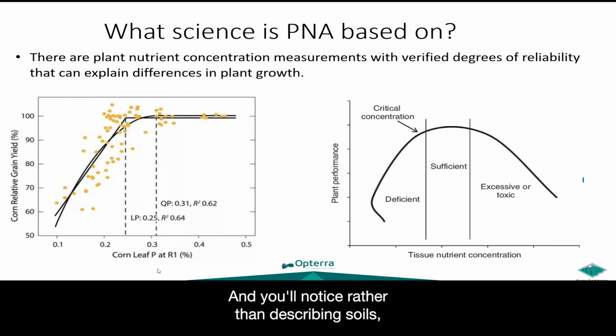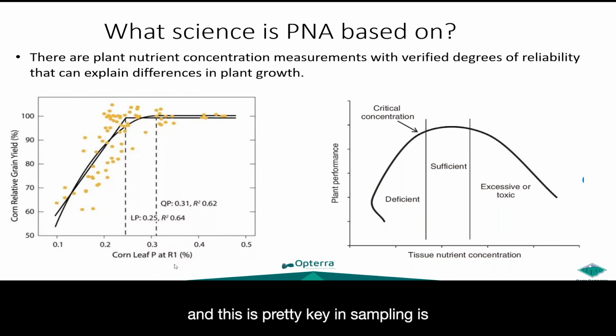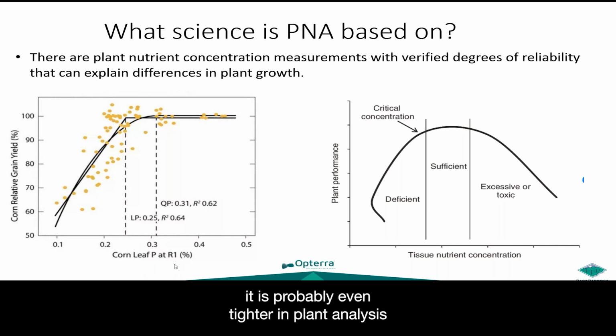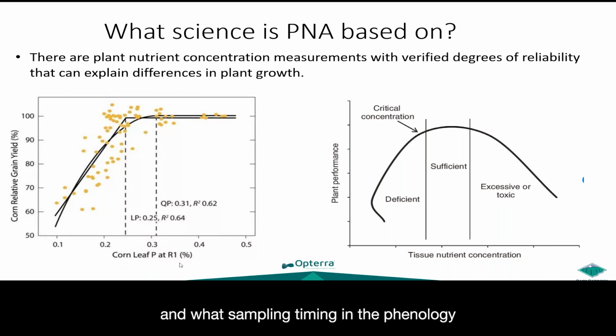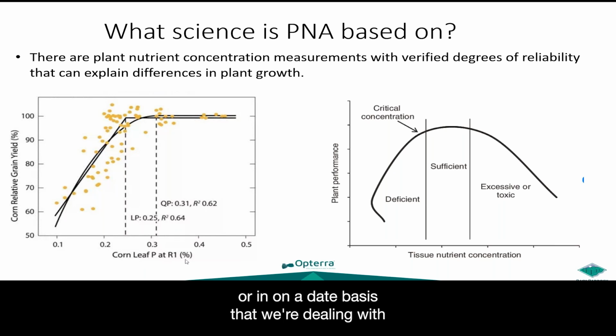And you'll notice rather than describing soils, we're talking about a part of the plant at a stage. And this is pretty key in sampling. It is probably even tighter in plant analysis to make sure you understand what plant part and what sampling timing in the phenology or on a date basis that we're dealing with, because that relationship will break down if we get that incorrect.